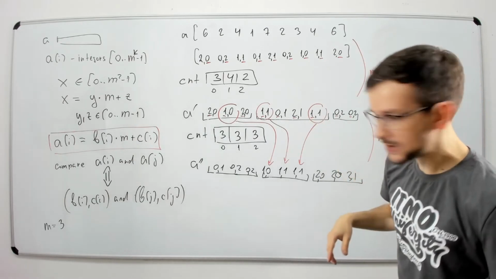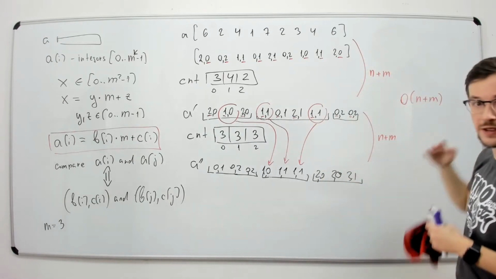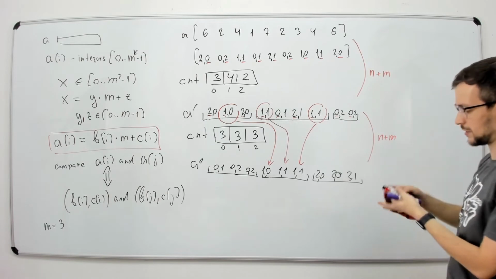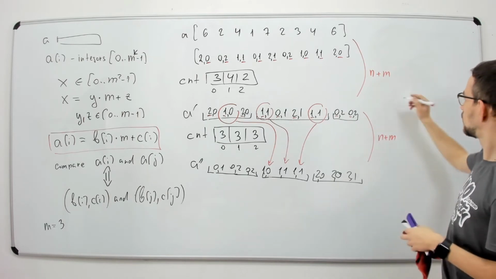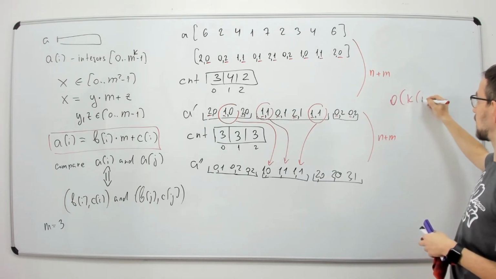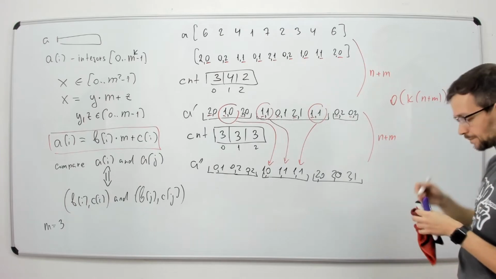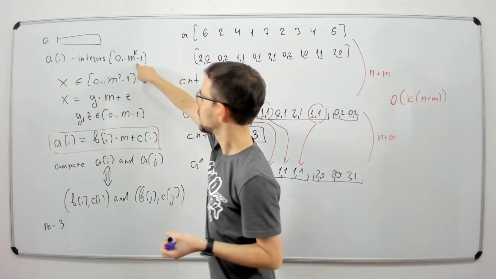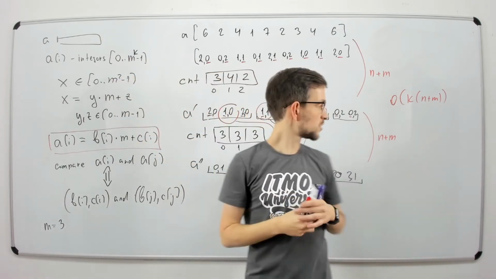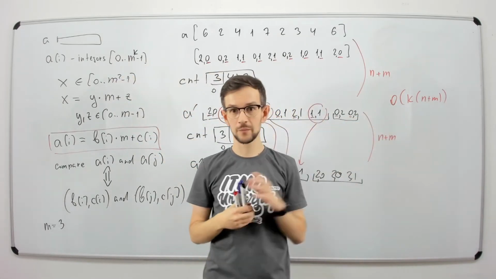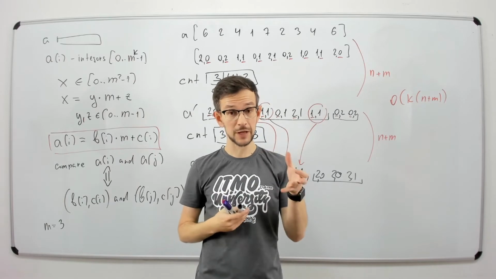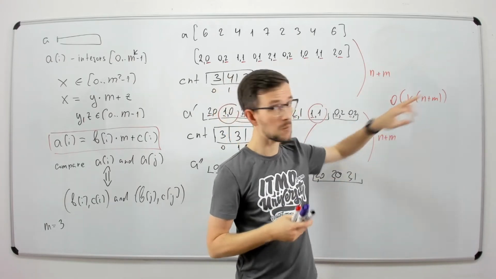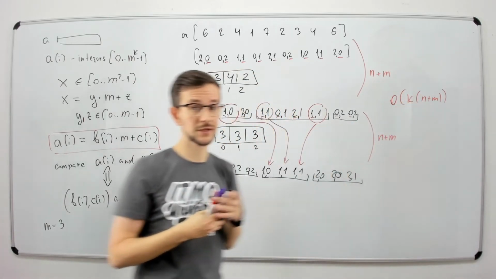So total time complexity will be multiplied by k. So total time complexity will be k multiplied by n plus m. If you pick this k big enough, you can actually have big time complexity, because this k will be multiplied by the time complexity of the counting sort.